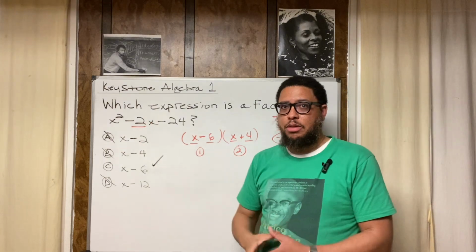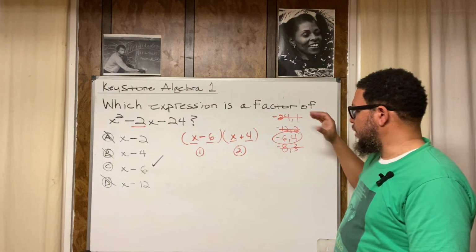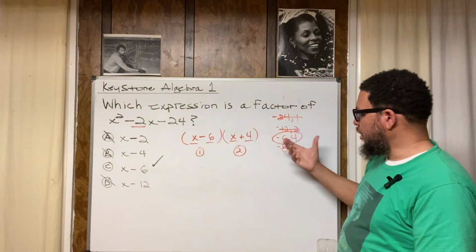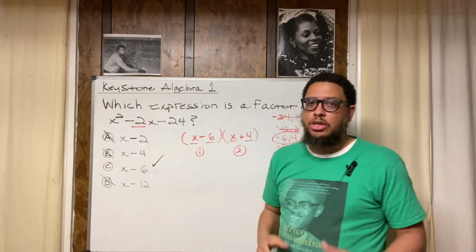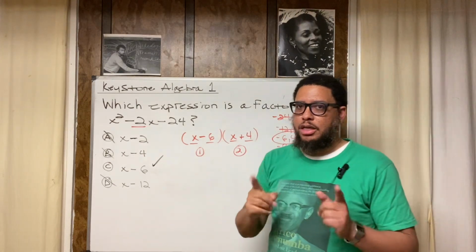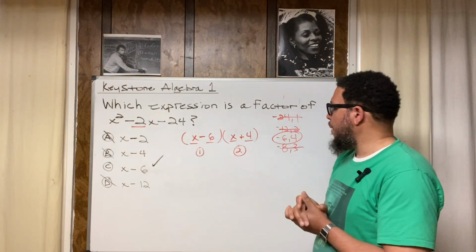And sometimes it could be helpful to just list the factors, and then look at them and say, okay, which one of these factor pairs also adds up to the middle term? You got to know how to do addition and subtraction with positive and negative numbers, though, also. That's mandatory for you to be able to do.